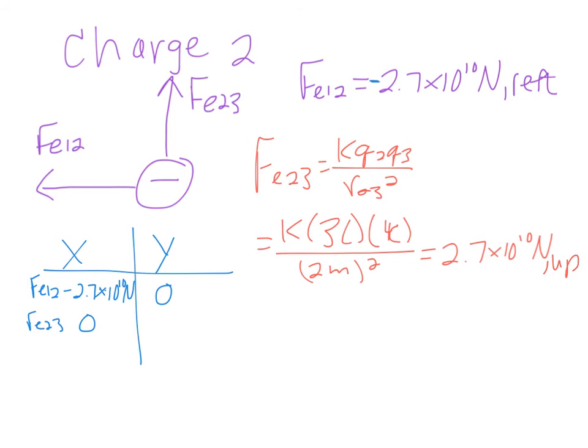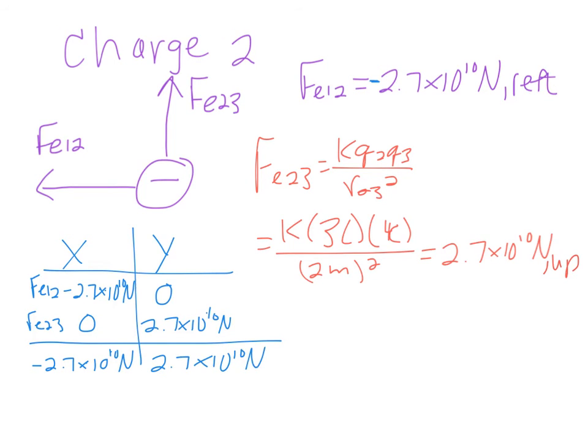Fe23 has nothing in the x, and positive 2.7 times 10 to the 10th newtons in the y. So we get negative 2.7 times 10 to the 10th newtons, and positive 2.7 times 10 to the 10th newtons.